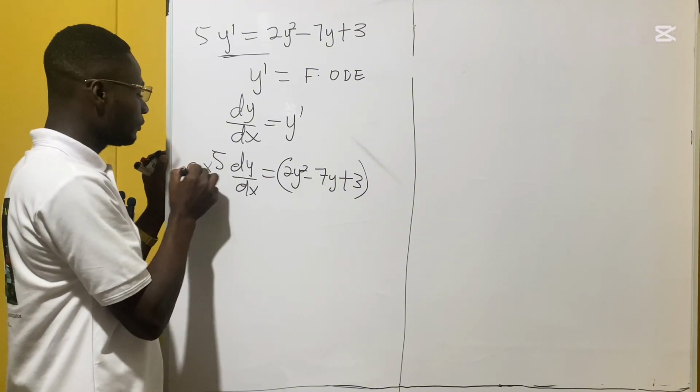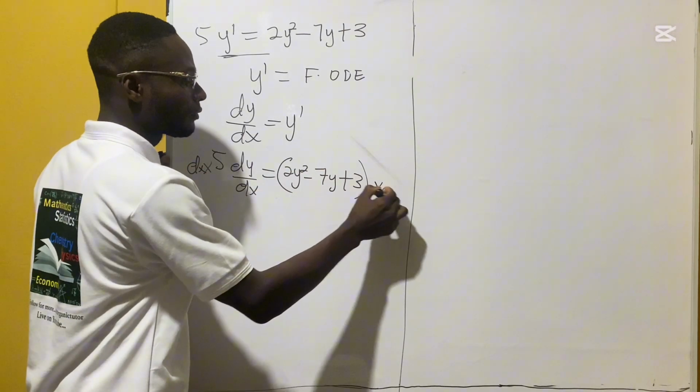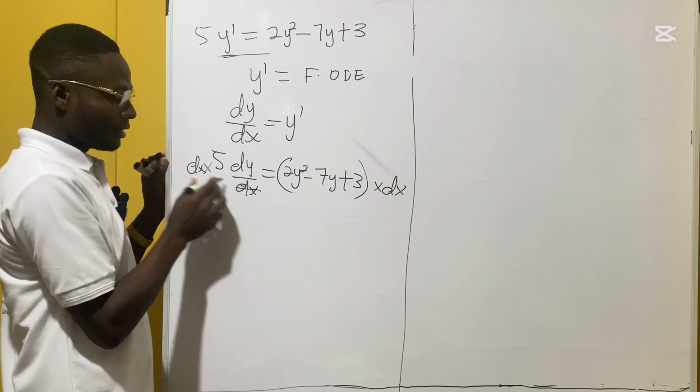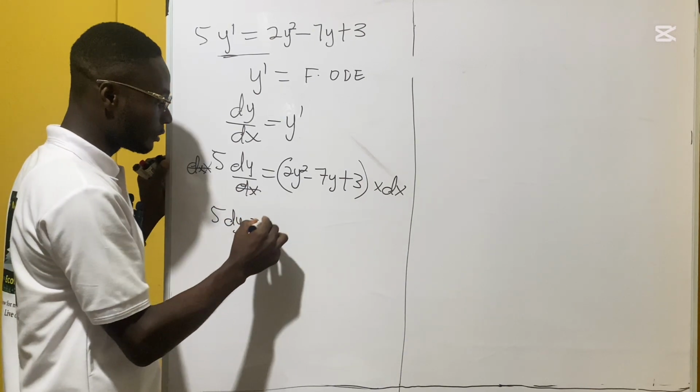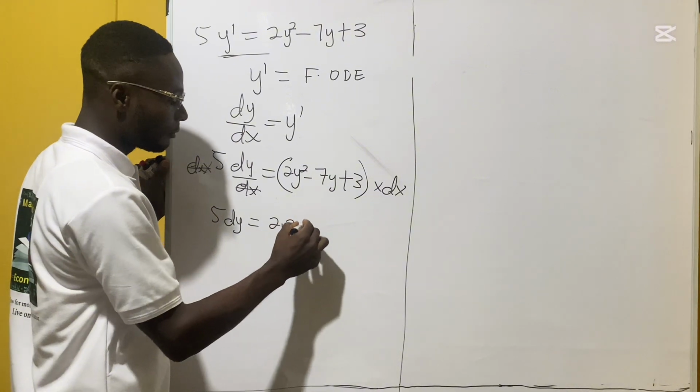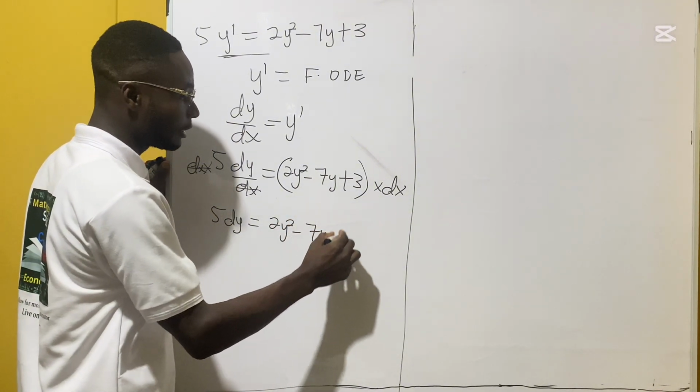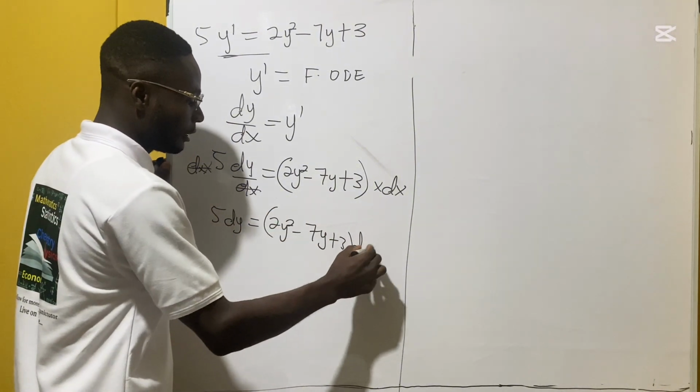So we have the dx here and the dx here. This cancels this, and we have 5 dy equals (2y squared minus 7y plus 3) dx.